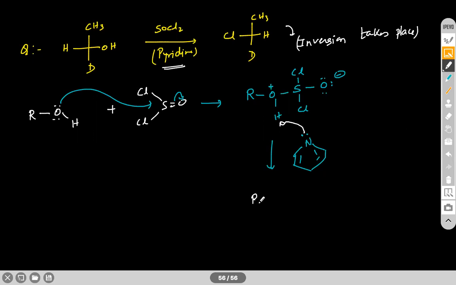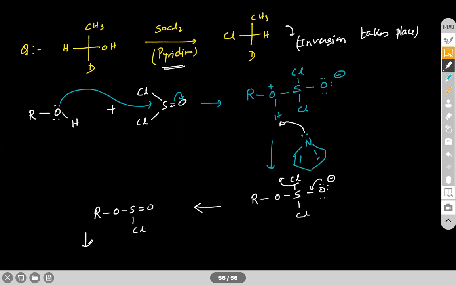And then it converts into ROSCl with ClO negative. Now, when this oxygen forms the bond pair, this Cl minus goes out. So we'll get ROS double bond OCl.